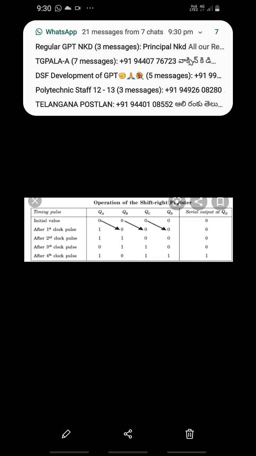With the appearance of this word, D0 and D1 are ones, and the second positive clock edge gives 1 1 0 0. The third clock pulse gives 0 1 1 0, and the fourth one gives 1 0 1 1.